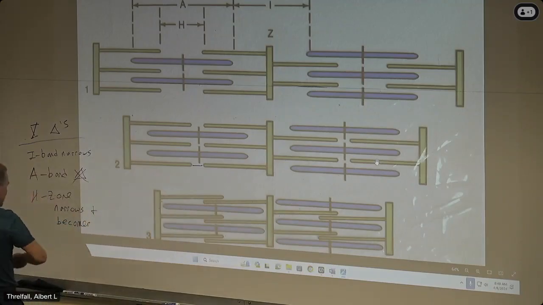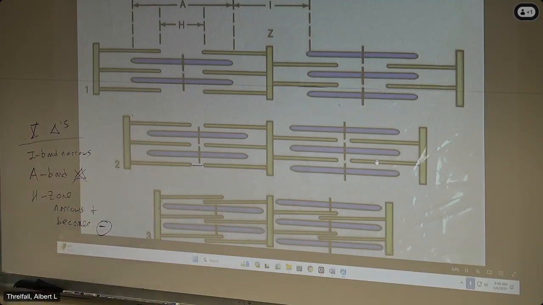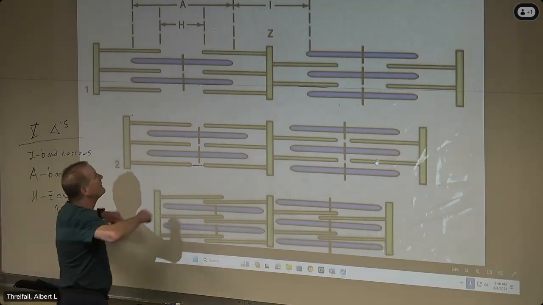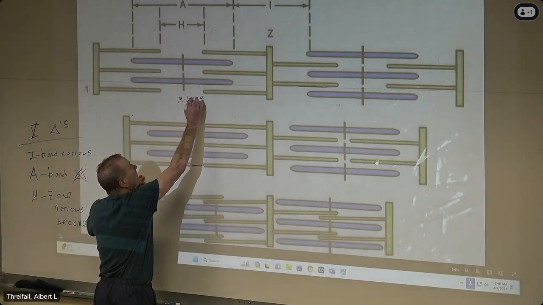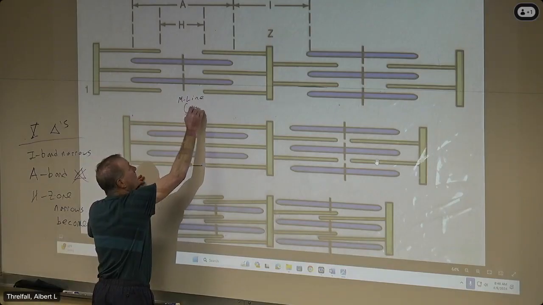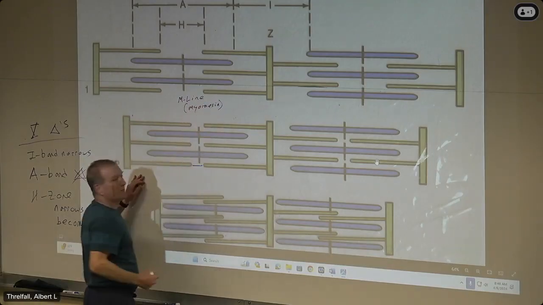The H zone narrows and becomes negative. What's that vertical line? It's the M line, and we'll get to that. But I'll go ahead and label it for you. It's another protein called myomesin.